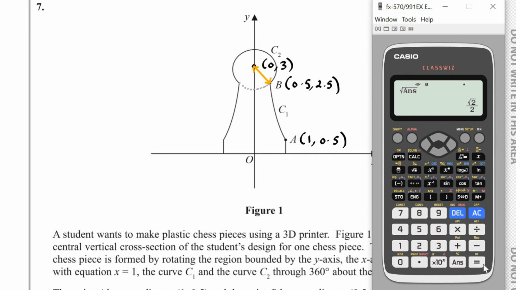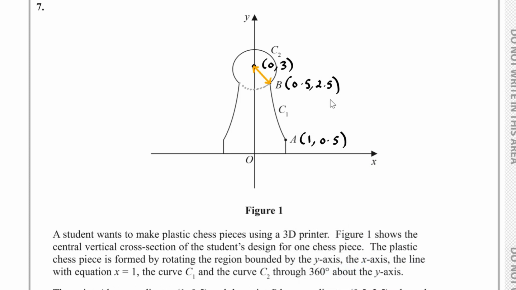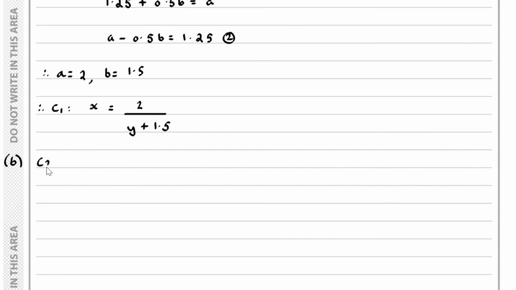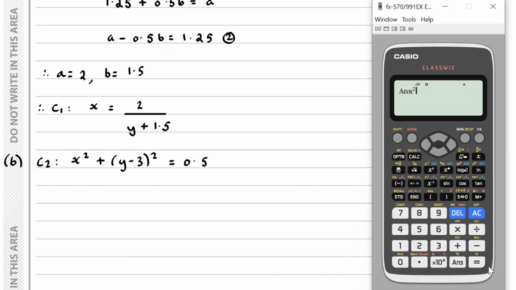So the radius is going to be root 2 over 2. So the radius is equal to 1 over root 2. Therefore the equation for C2 is x squared plus (y minus 3) all squared equals r squared, which is 0.5.